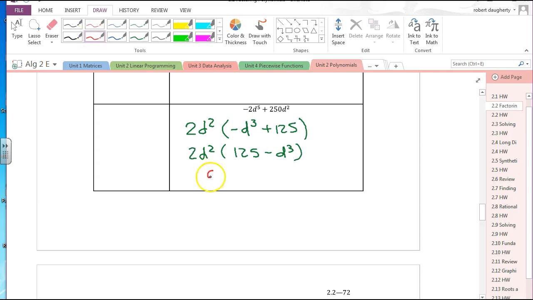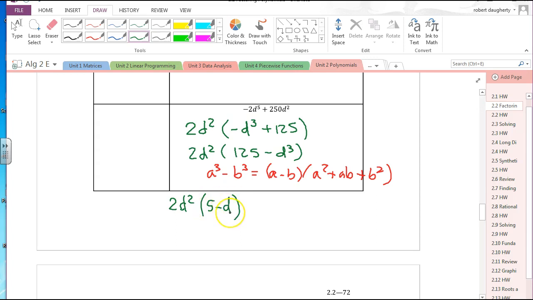And that formula, a cubed minus b cubed, is a minus b, same sign, opposite sign, always positive, okay? That's my formula. So when I factor this out, it's 2d squared. So what goes into this a minus b? That's going to be 5 minus d.